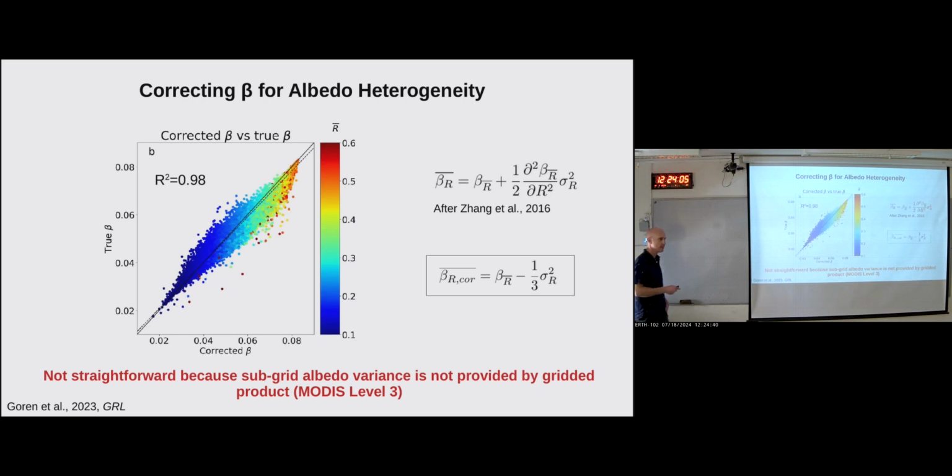They do provide with the level 3 the standard deviation of liquid water path, effective radius, and other parameters. But for some reason, they don't provide the standard deviation of the albedo. And I hope that in the future they will include it because more and more studies show that this in-cloud morphology is important. And if in the level 3 data that everyone uses, we would have statistical information on the albedo, that would allow us also to explore more things and to correct this albedo bias.